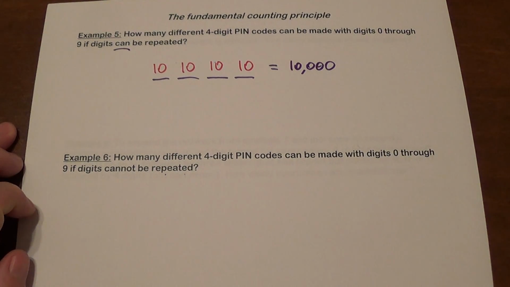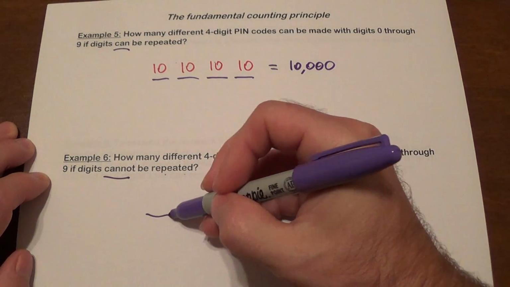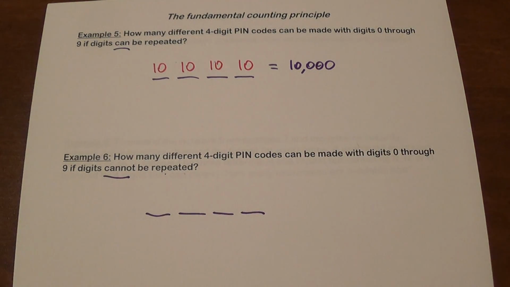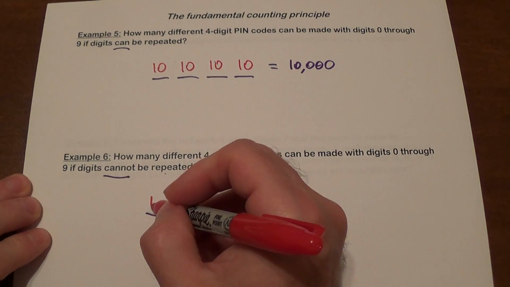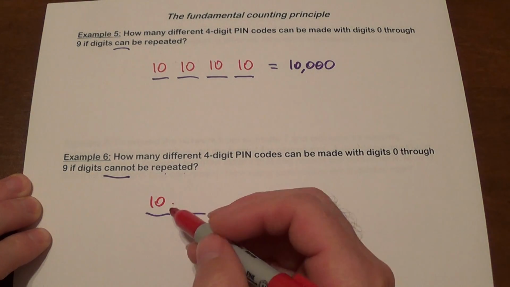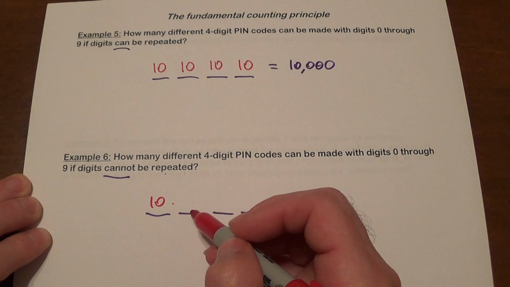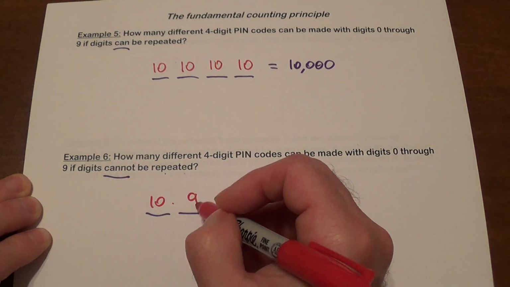How many different 4-digit PIN codes can be made with digits 0 through 9 when digits cannot be repeated? Well, let's see how that's going to be different. 1, 2, 3, 4. So for the first digit, you have a choice of any digit from 0 to 9. That means you're going to have 10. Since you already used one digit here and you cannot use it again, you are now only going to have how many digits left? 9.